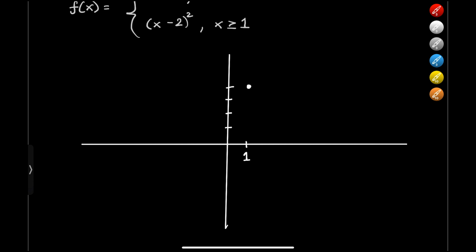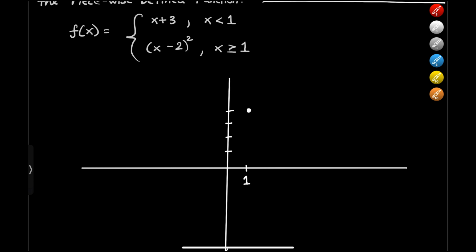Then when x is equal to 0, y will be 3, so it'll just be a straight line like that. So that's the first part.